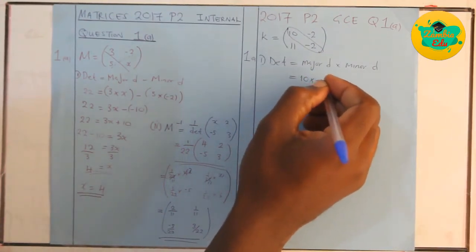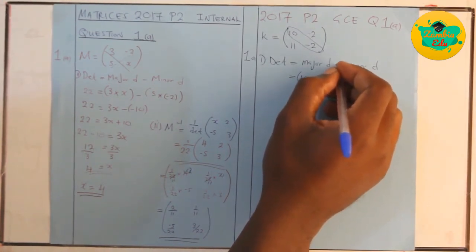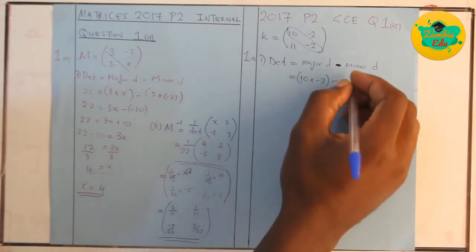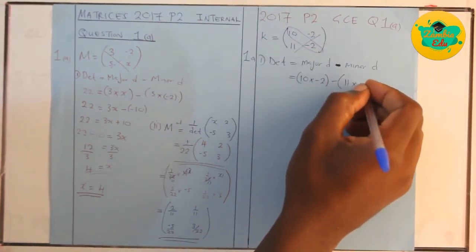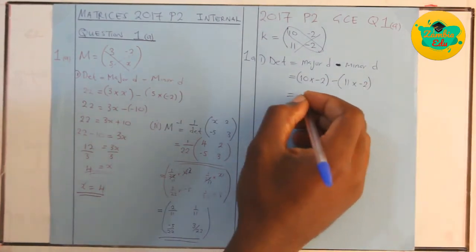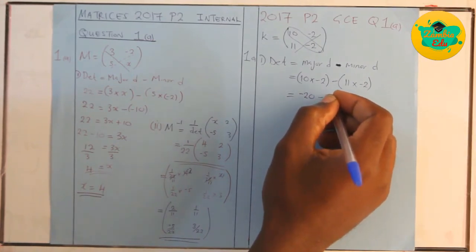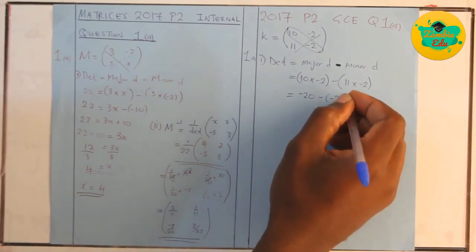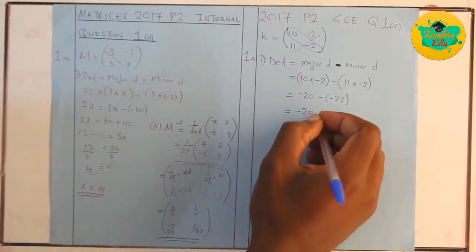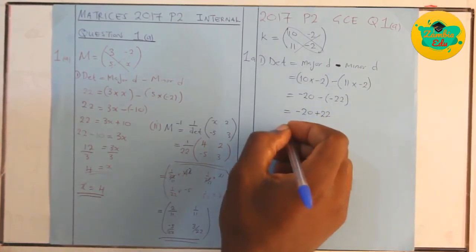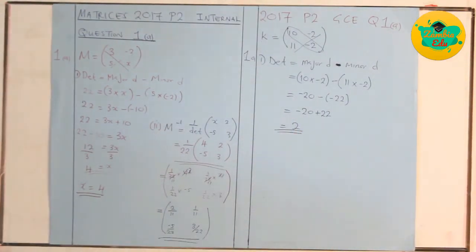So 10 multiplied by negative 2 minus, pardon me, that should be a minus our minor diagonal being that one, 11 by negative 2, and we get negative 20 minus negative 22 close, which is equal to negative 20 plus 22, which is equal to 2 as our determinant.